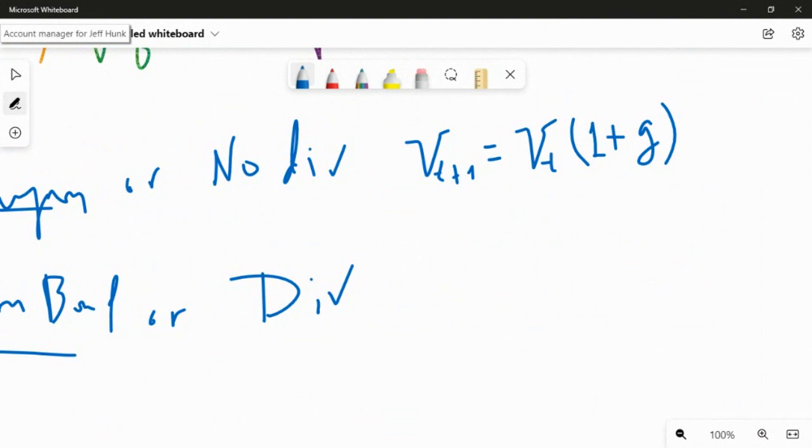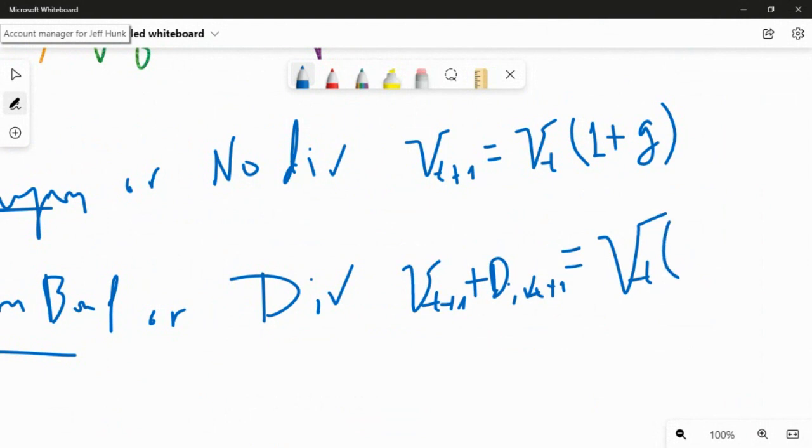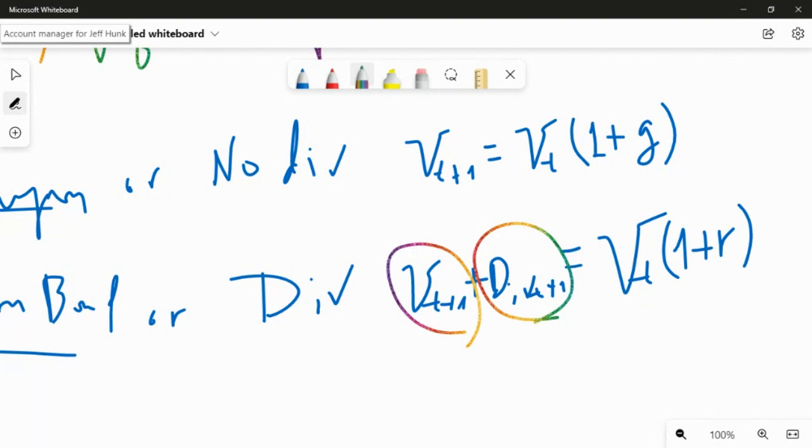Now, if it has dividend, if you buy stock at time t, paying VT, you will have at time t plus 1 not only VT plus 1, but also dividend at time t plus 1. Make sense? So that's the difference.